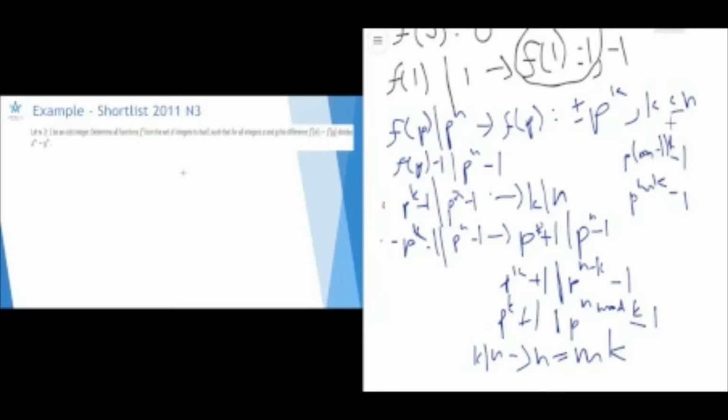Okay, so that means p to the k plus 1 has to divide the difference of these two. Well, the difference of these two ends up being p to the mk minus 1 times p to the k minus 1.